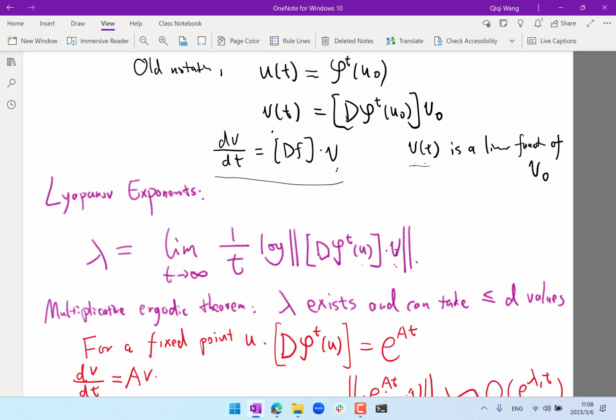Okay, well, what does that mean? That means the magnitude of the perturbation may still grow, it may still decay, but even if it grows, it doesn't grow exponentially. It may grow linearly or according to some polynomial, right? But not as fast as exponential. It may also decay, but it doesn't decay as fast as exponential. Or maybe it'll stay roughly the same order of magnitude, just sometimes grows, sometimes decays.